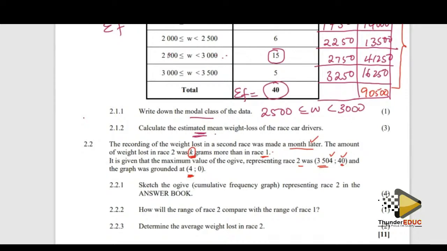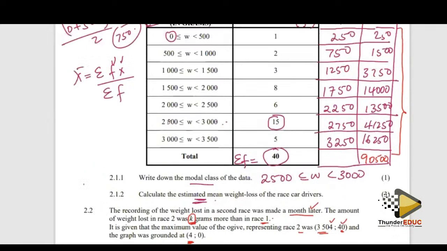It simply means that the lowest interval is going to start at 4, and then this one will be 504, so that when you subtract, you still have the same thing. Then the process continues.